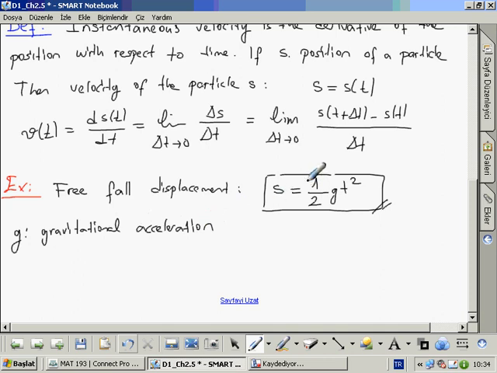In the USA, g equals 32 feet over second square, and in the European metric, g equals 9.8 meter over second square, right?